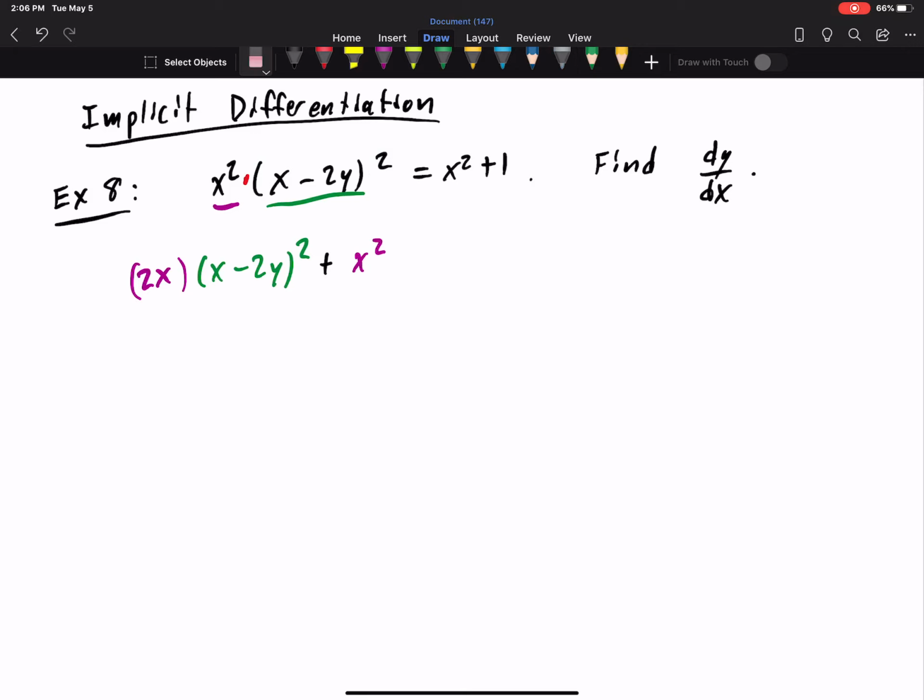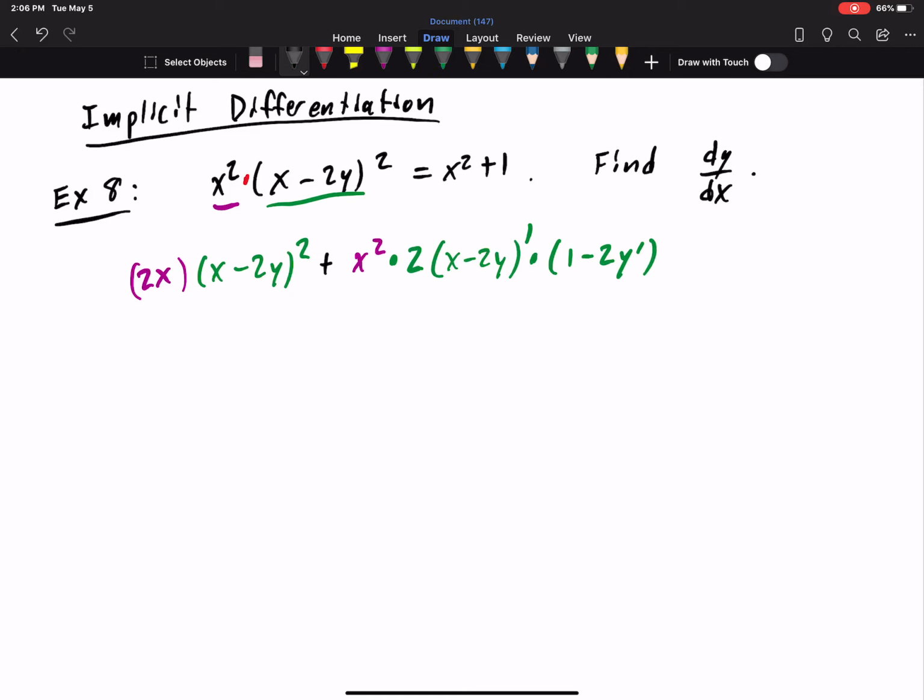So this gives us 2 times x minus 2y, leaving the inside alone, multiplied by the derivative of the inside, which is 1 minus 2y prime, because we're deriving y.